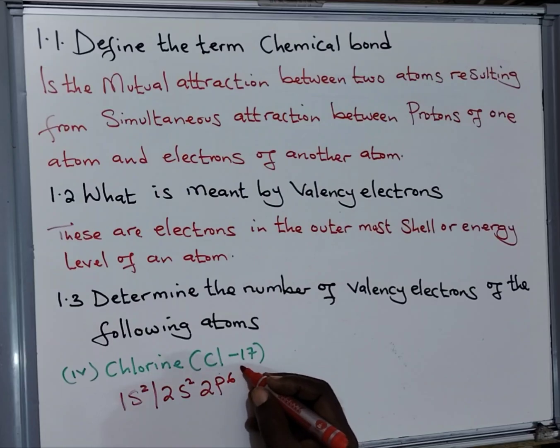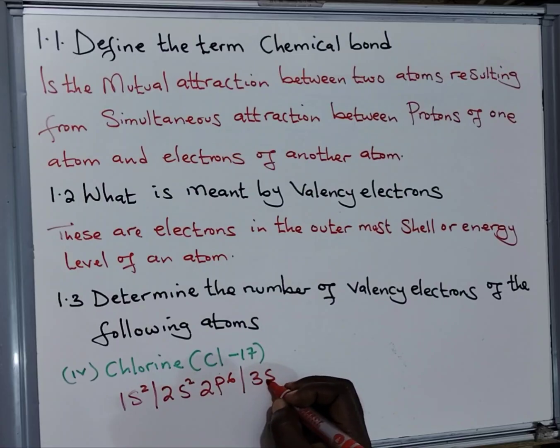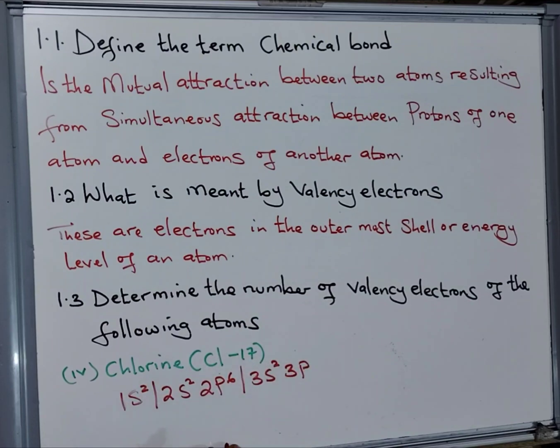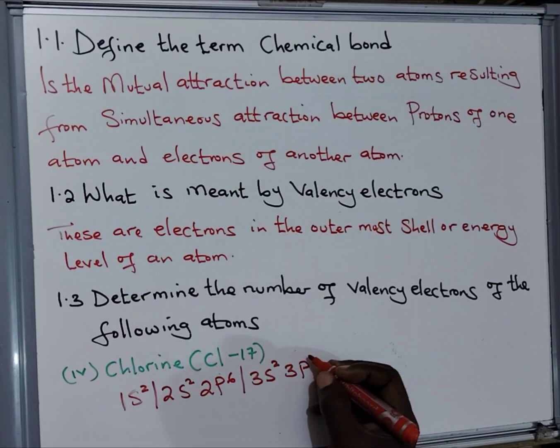We have already 10. Then we go to the third shell, starting with 3s2, taking a maximum of 2. Then we go to 3p, taking the remaining. So if you count here, we have already 12 remaining with 5. And p takes up a maximum of 6, so it can take 5.